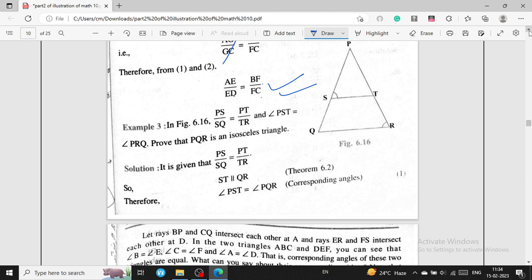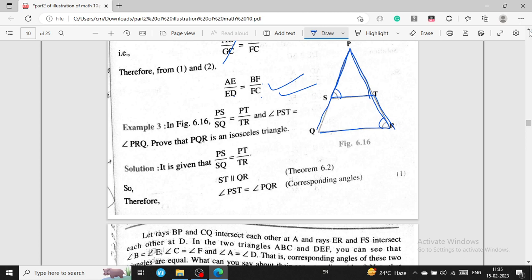Now next is a question. In this question, we are given PS over SQ is equal to PT over TR and angle PST is equal to angle PRQ. We have to prove whether PQR is an isosceles triangle or not.